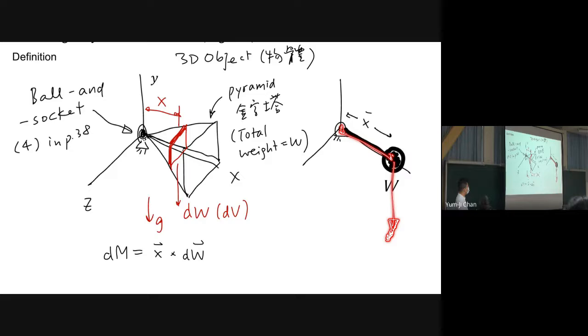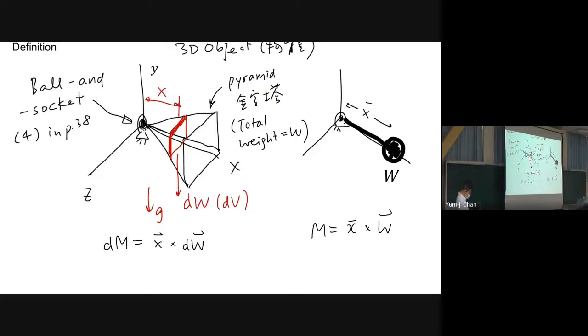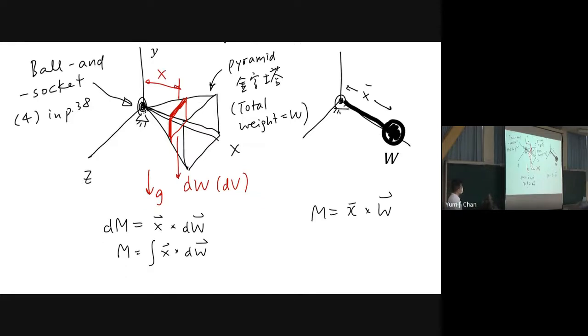Okay. This m is equal to x bar times W, and for this one, m is equal to this. So we say we have the equivalent moments.